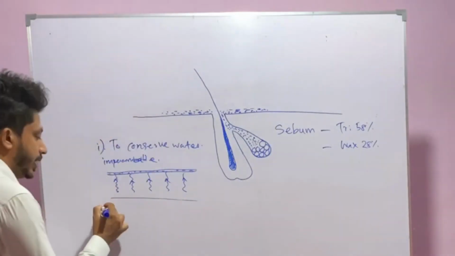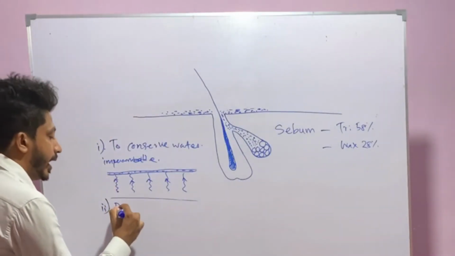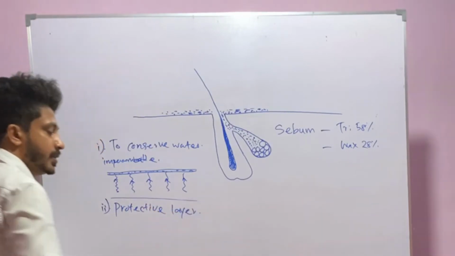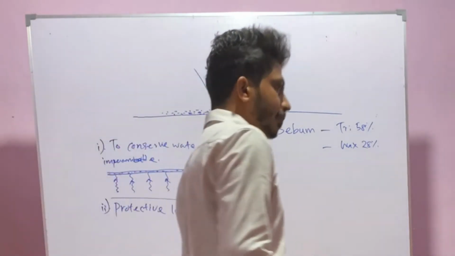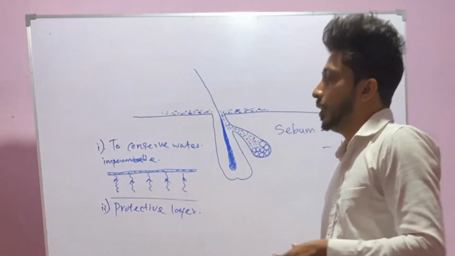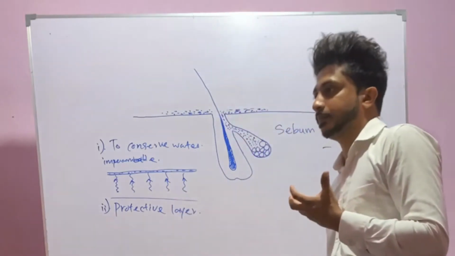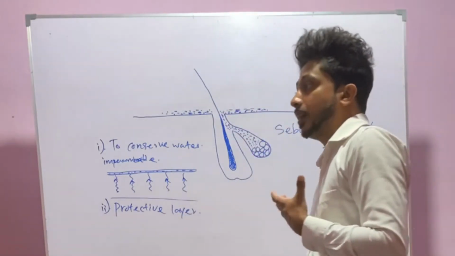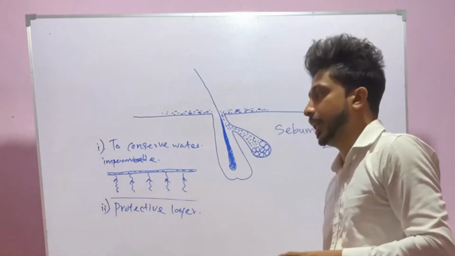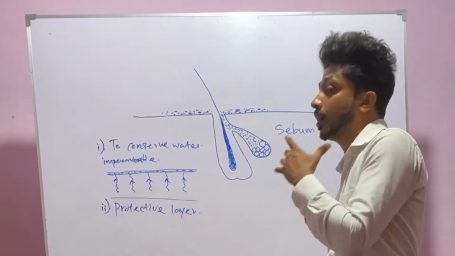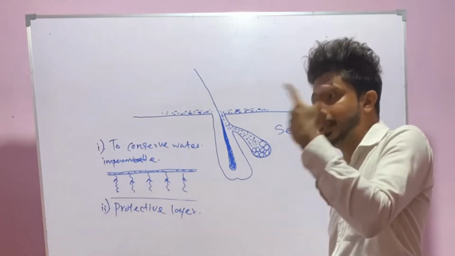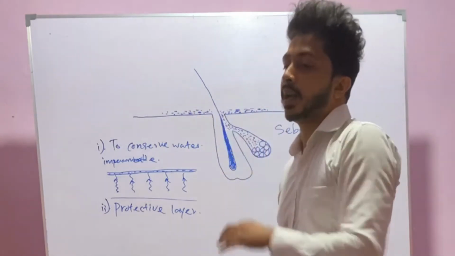That is the first thing, and the second thing is it acts as a protective layer. When we go out we wear clothes, but our skin on the face is not protected or covered. Because of that, the skin on our face is always exposed to the environment.